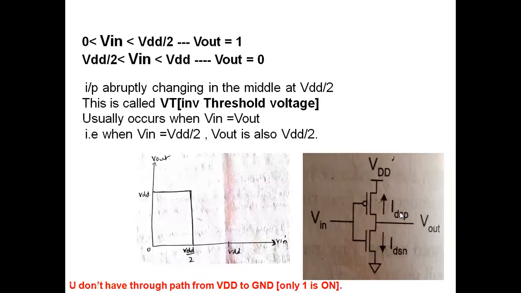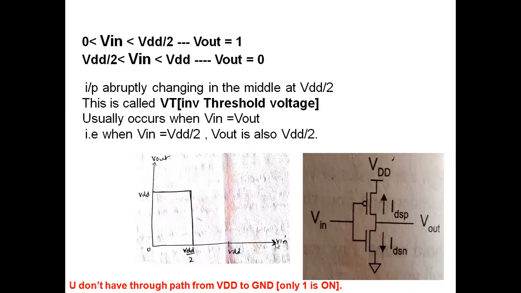But this curve is the ideal curve, right? Ideally, the inverter should be having the DC characteristic curve like this. This indicates what? If V is equal to 0, what about output? Output will be equal to VDD, or when input is 0, output is 5 volts.